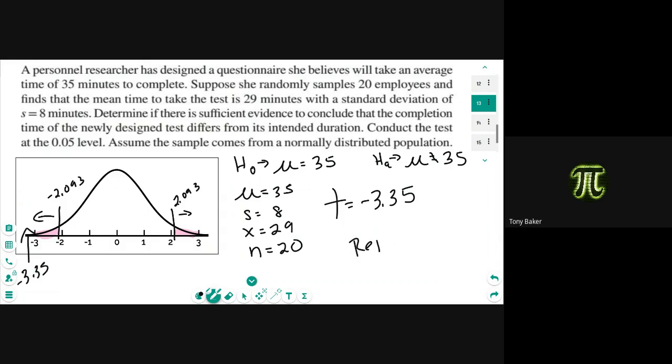So we reject. So we can state that the amount of time to take the test does differ from the 35 minutes.